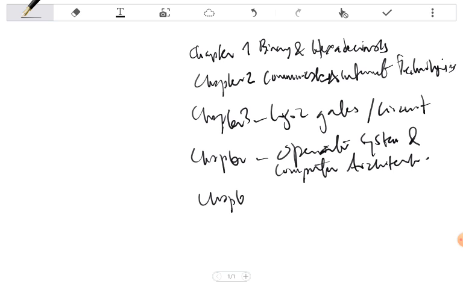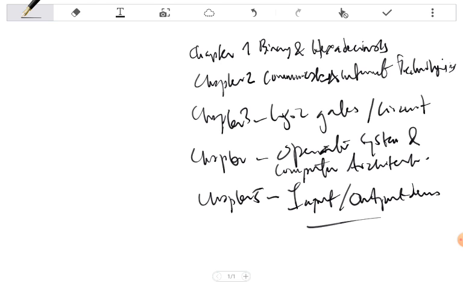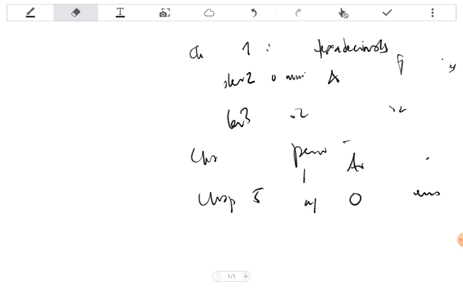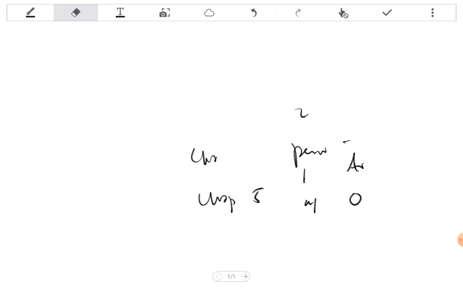Chapter 5, we're looking at input and output devices. This should be interesting, anyways, because when we talk about input and output devices, basically, it's something that we use day in, day out, even with our mobile gadgets. The gadget that you're using to access this class now is input and output devices that we use to access it.